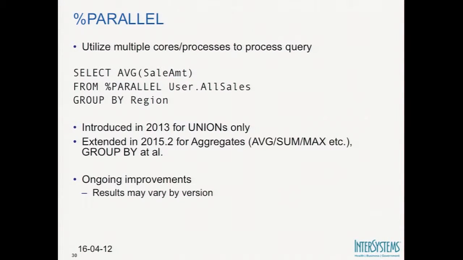In 15.2, we enhanced it so we can slice the table by ID range, and multiple processes can work on it. Good for aggregates, group by, and so on. So just give it a try. All you need to do is, after your from clause, add %parallel, and see what the difference would be in execution time.